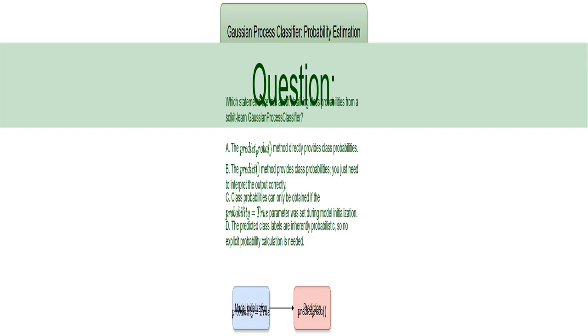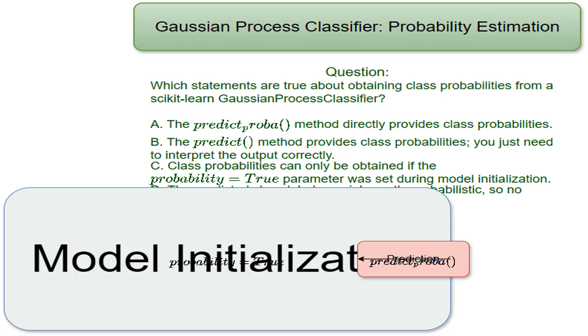I am asking you which statements are true about getting class probabilities from a Gaussian process classifier, a type of machine learning model. It's a multiple choice question. I am setting a parameter called probability equal to true. This is crucial.